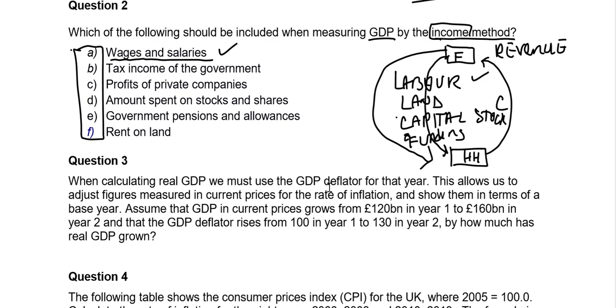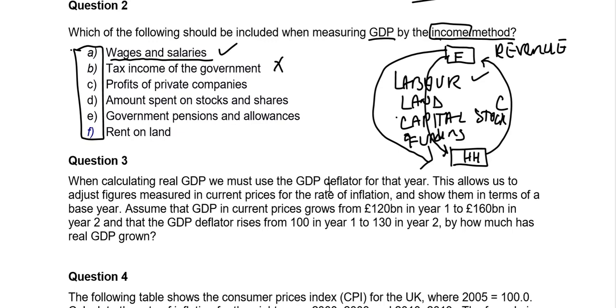Government, of course, reinvests it back into the industry sector or public sector, but it is not counted as an income of government, because income is earned by providing some service. For example, people work for firms and receive income, but government is not working for firms. So that tax income is not part of the income method of GDP calculation, so it's not included.